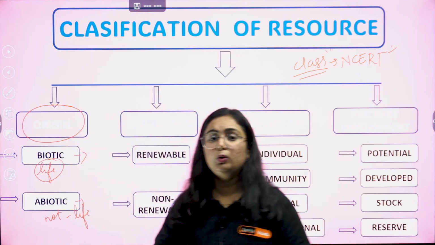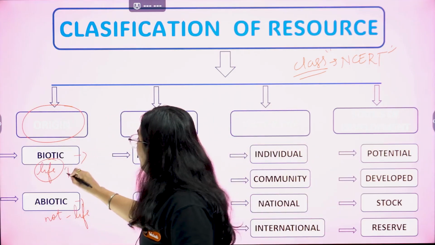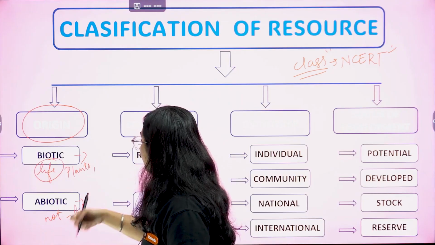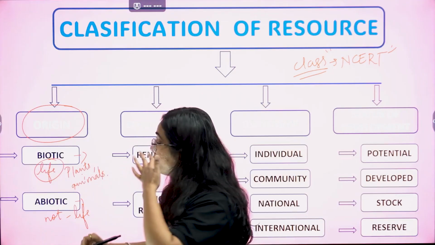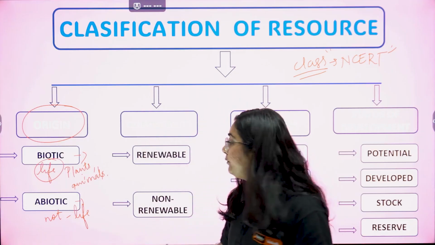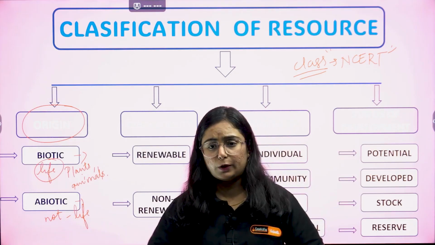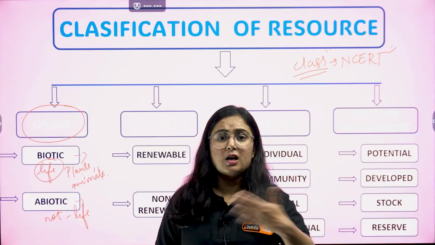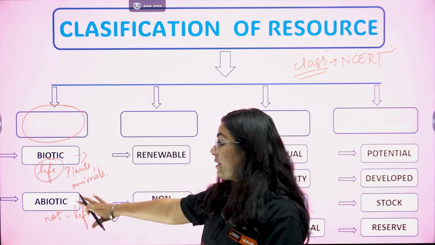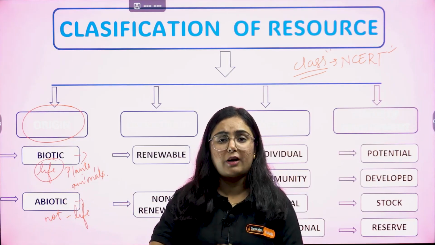Abiotic resource. You know this very nicely. For example, plants, animals, bacteria, algae, whatever has a role in life, which are the things that are useful. Abiotic resources are things like stones, soil, etc. These are referred to as abiotic resources which do not have life.